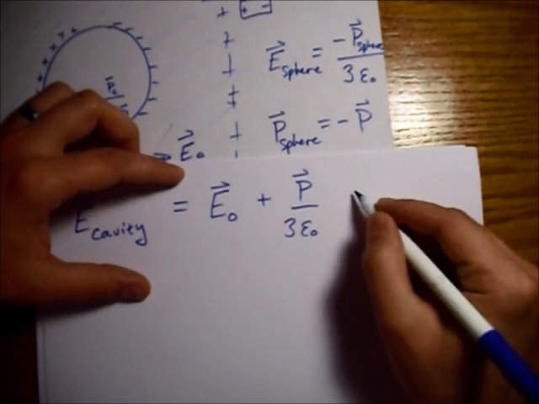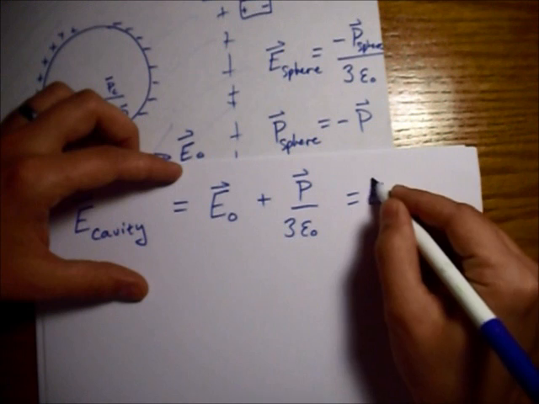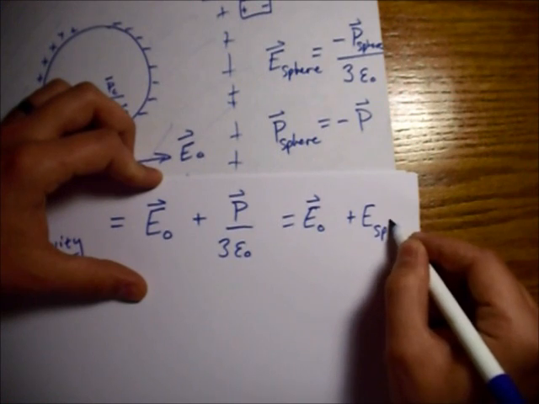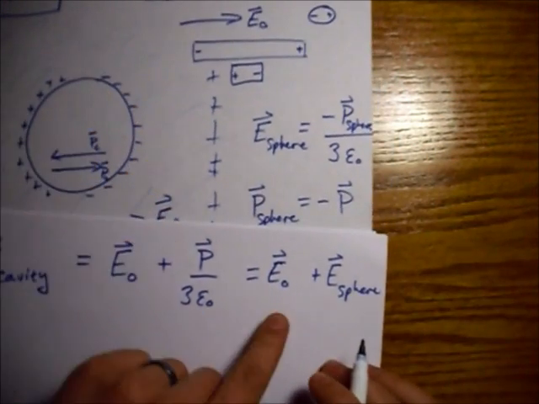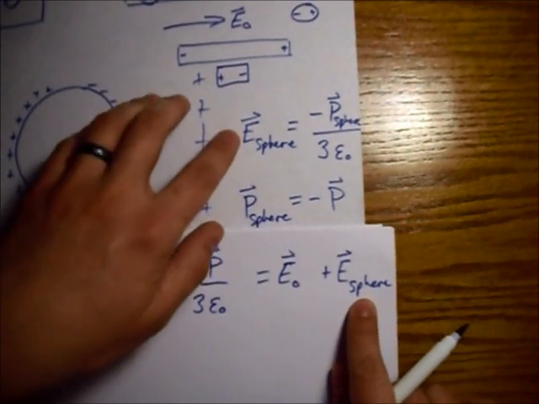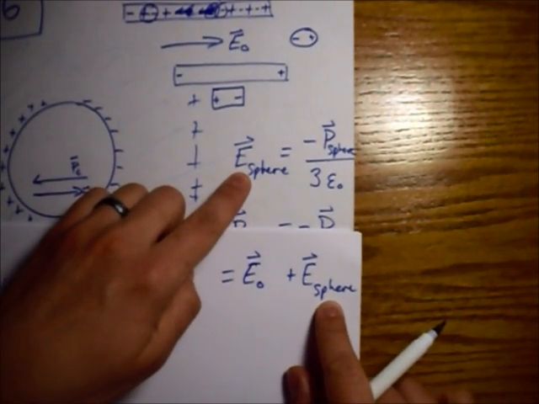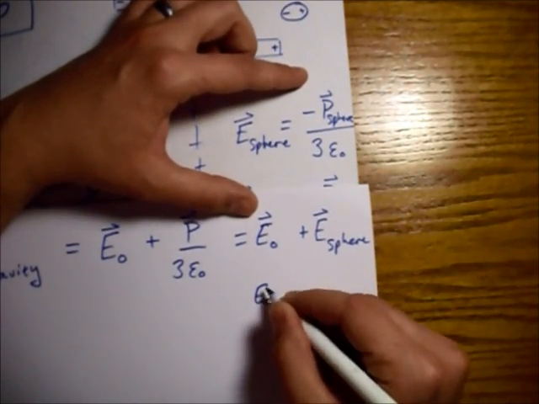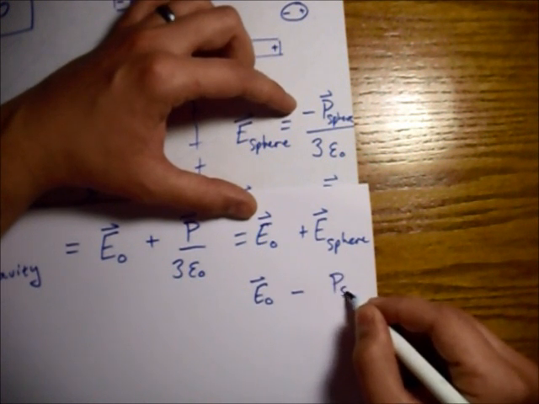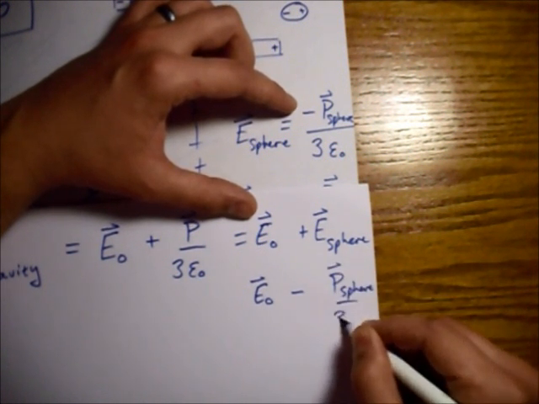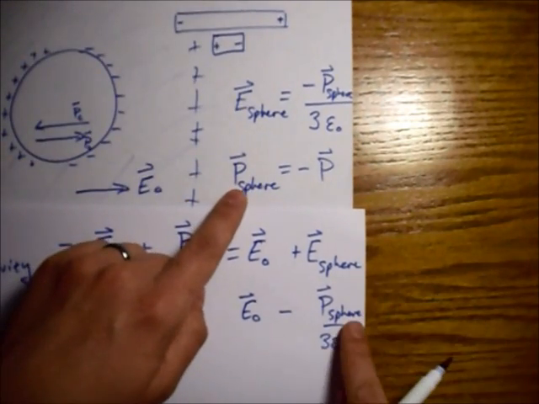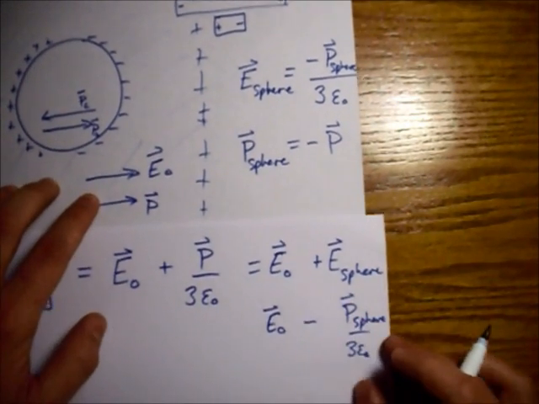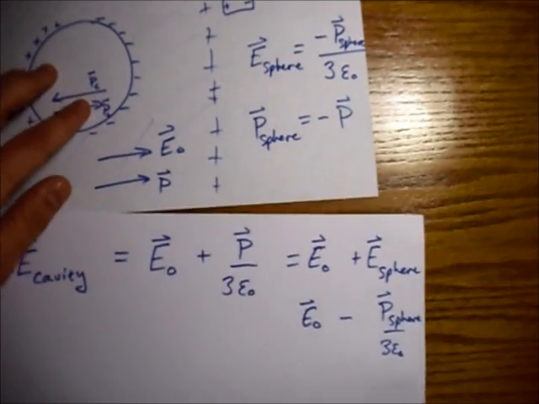What we wanted was this original E plus E sphere. So this is this term right here plus the electric field of the sphere. I could have written this as E naught minus the polarization of the sphere over 3 epsilon naught. But then we know the polarization of the sphere is just minus the polarization outside. So that's why this turned into a plus.